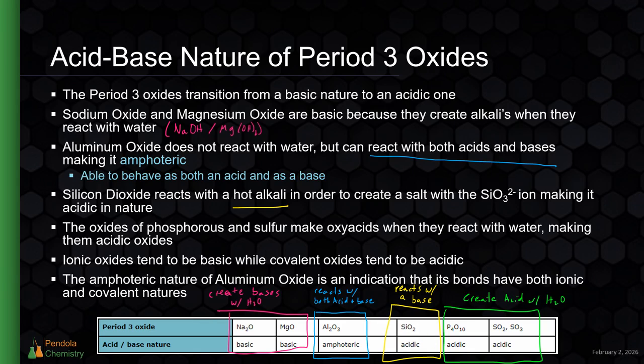So if you notice by now, the sodium oxide and the magnesium oxide are ionic in nature. So these are ionic.